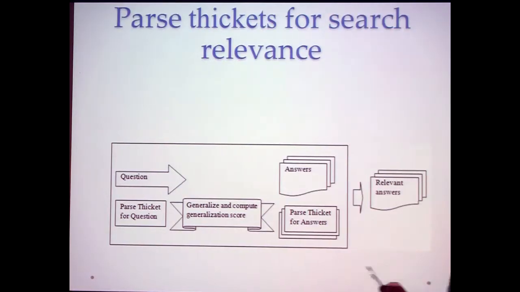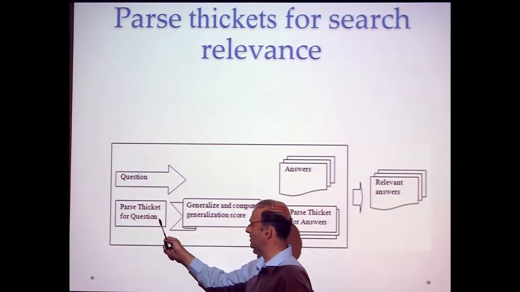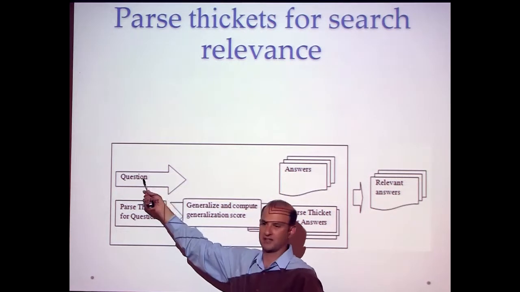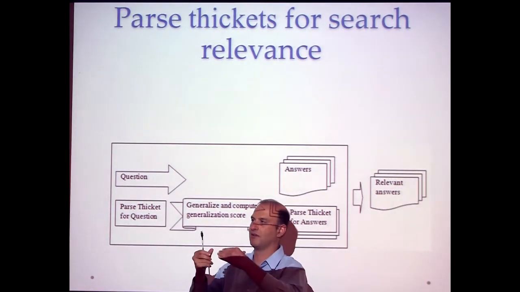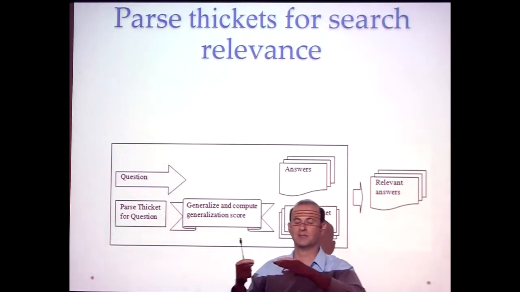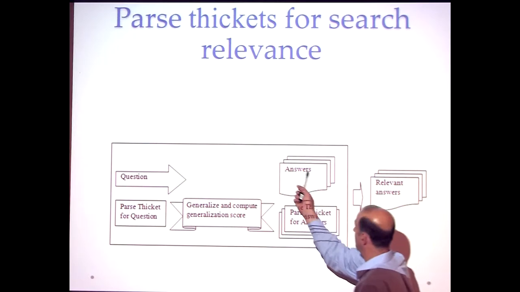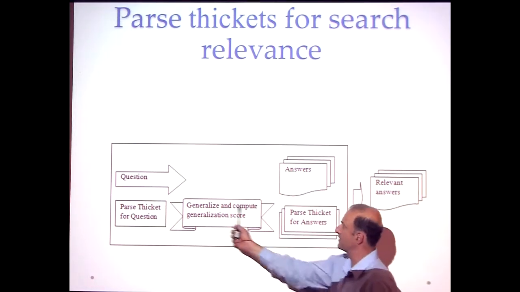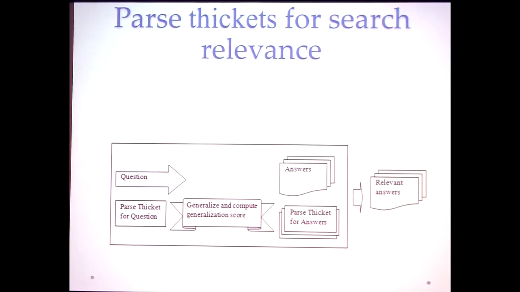The way it is used for search: we have a question, usually at the size of a paragraph, and we build the Parse Thicket for the question. For example, a recommendation, where we want to find documents similar to a particular portion of text or a web page. Then we build Parse Thicket for answers, and then we generalize, basically match them according to what I showed.